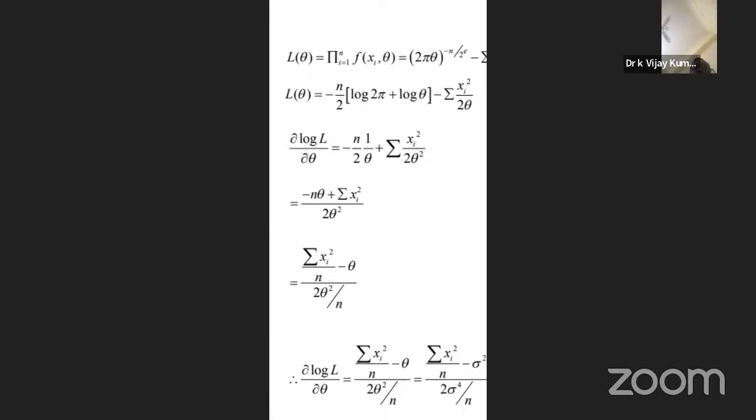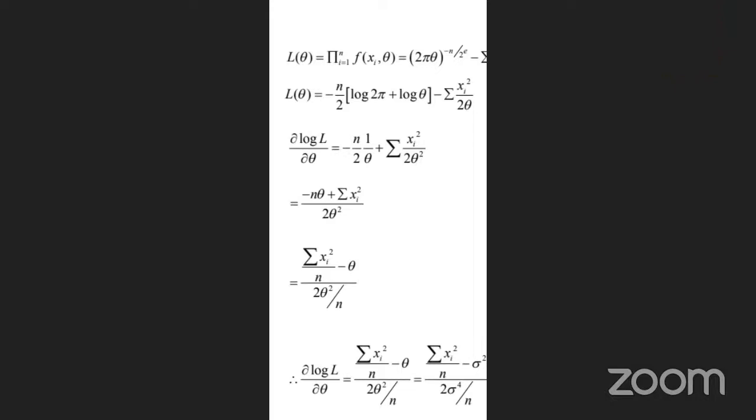That is, dou log L by dou theta is equal to, this is a simplification of the first derivative, minus n by 2 theta plus summation of x square by 2 theta square. So minus n theta plus summation of x square by 2 theta square. Then we took the LCM, correct or not? Correct, sir.